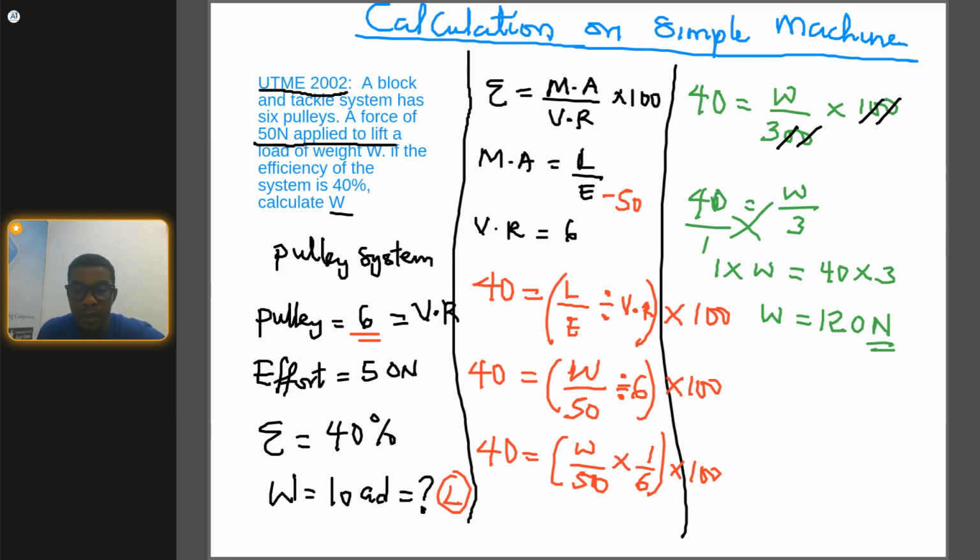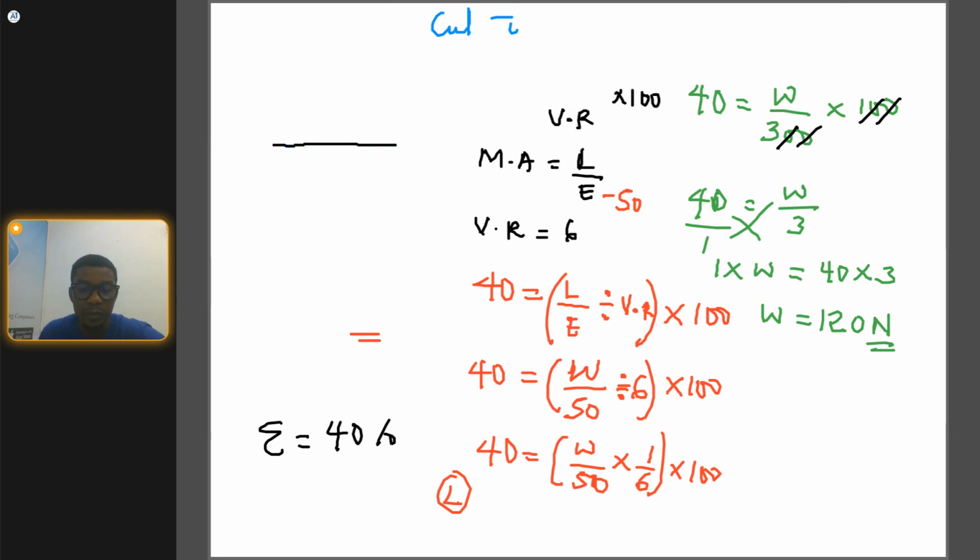Okay. Can we proceed to the second question now? If yes, permit me to wipe the board. So we take the second question. Question number 2, still solving questions on the machine.